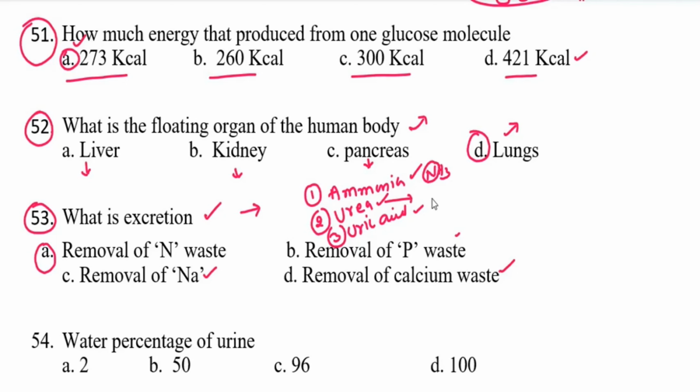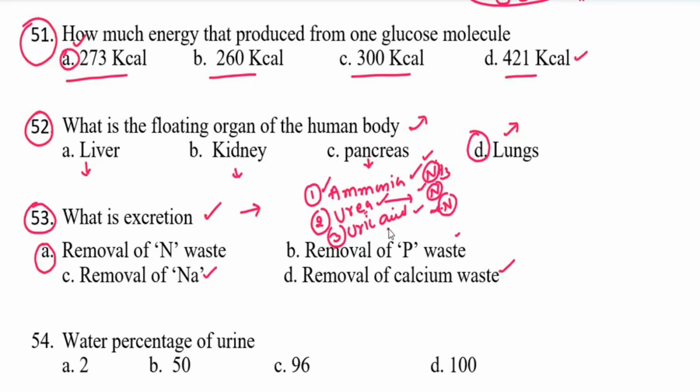Urea contains N. Uric acid also contains N. So among these three, the common thing is the presence of nitrogen. If ammonia is the excretory material, the nitrogen waste is ammonia. If urea is the excretory material, the nitrogen waste is urea.